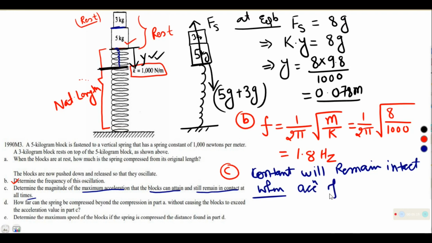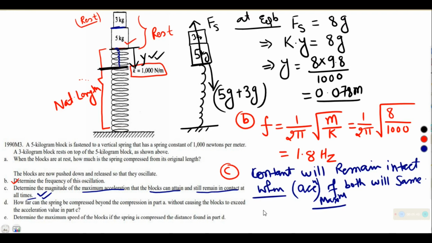When the acceleration of both blocks is the same, then only the contact will remain intact. Actually we have to consider the maximum acceleration. When the maximum acceleration of both blocks is the same, then it is for sure both blocks will be in contact always, and our question is asking for all the time. So the maximum acceleration of both the blocks should always be equal.